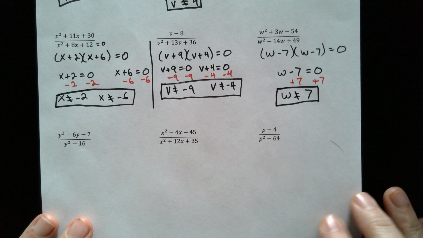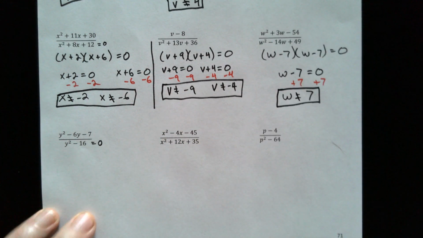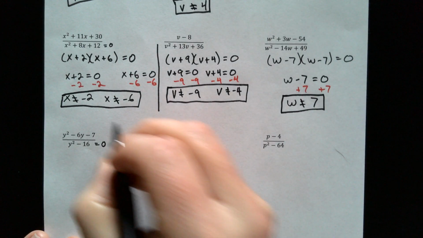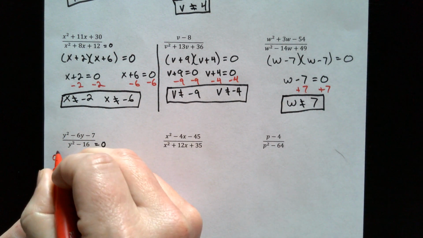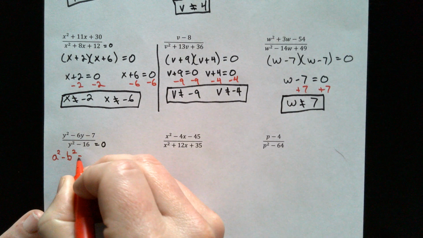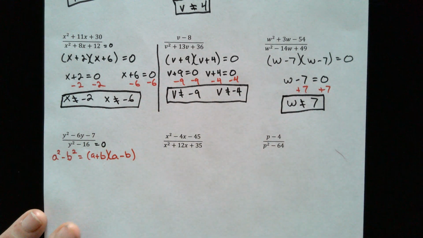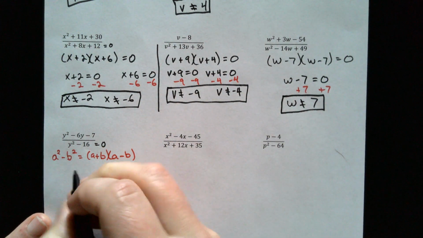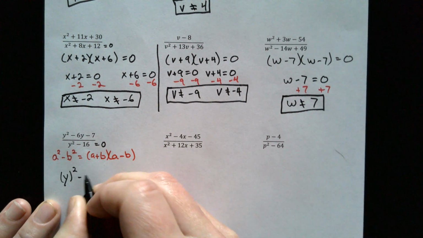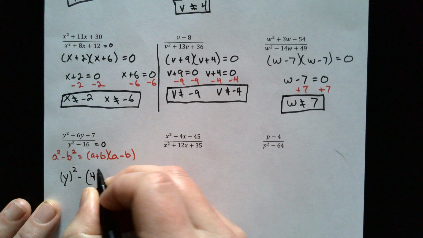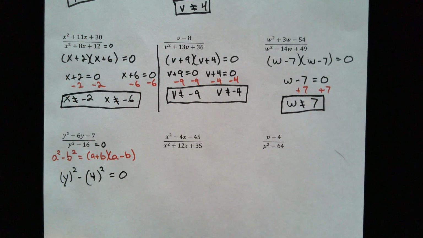Okay, 3 more. We got y squared minus 16 equals 0. Notice we're missing that middle term, but this is going to be a difference of squares. Recall that your difference of squares formula looks like this. If you have a squared minus b squared, you can factor it into a plus b, a minus b. Okay, so this one can be written this way, as a difference of squares. So it would be y squared minus 4 squared equals 0. And then we can use the difference of squares.